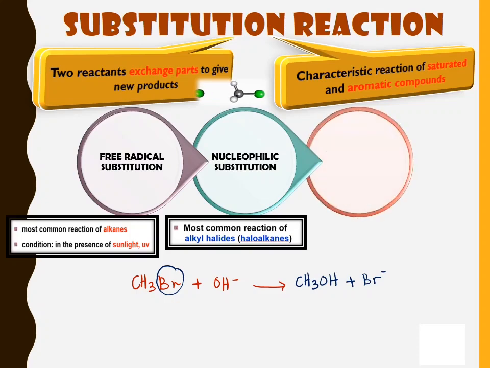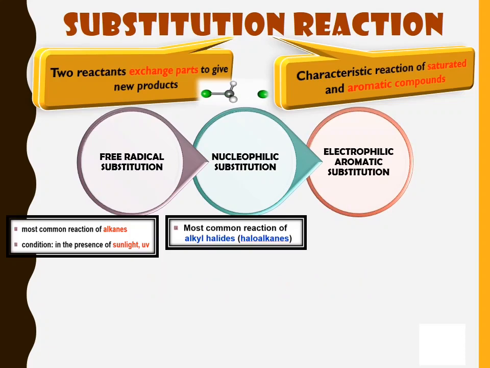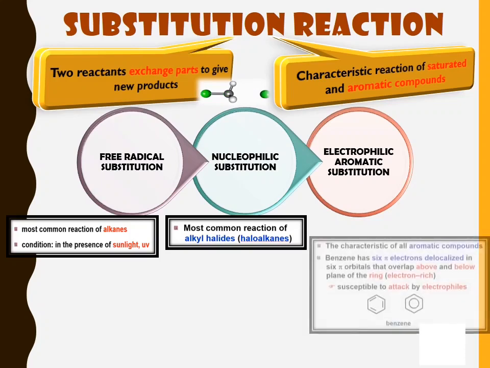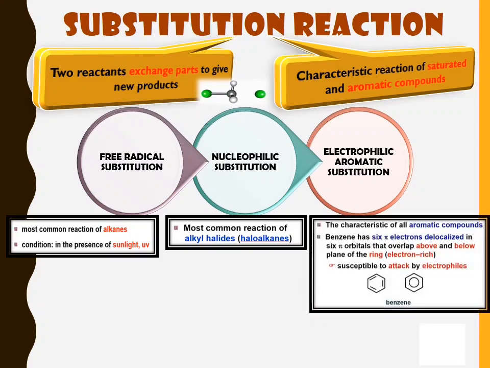Next, we have electrophilic aromatic substitution. From this name, we already know that this reaction only occurs in aromatic compound, which is benzene ring. Why? Because benzene ring is electron rich. So benzene is susceptible to attack by electrophile.